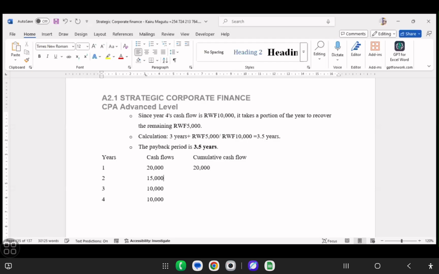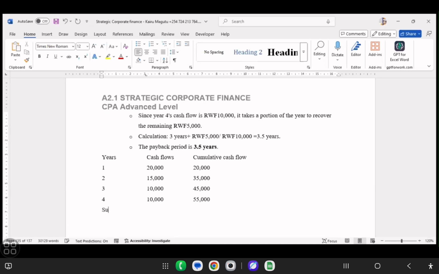By the end of the second year, 35. By the end of the third year, 45. By the end of the fourth year, we will have realized 55. At what point are we recovering our capital?